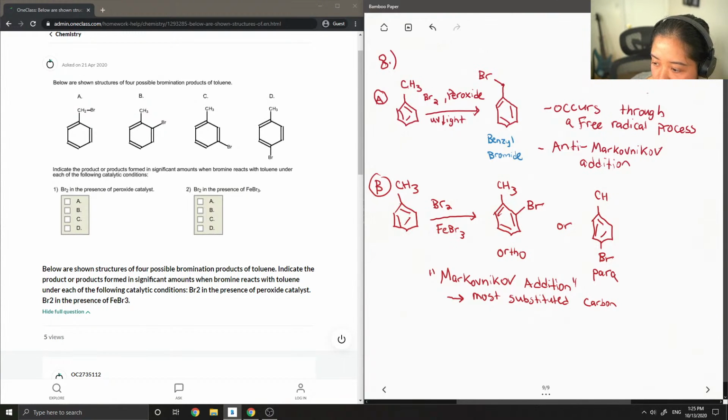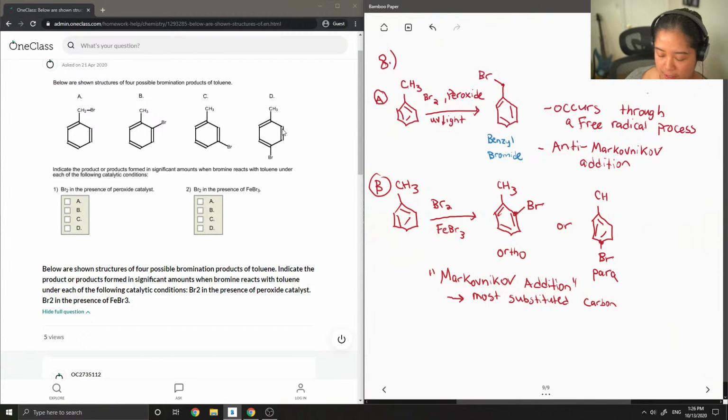So in this case, it was this carbon and this carbon that are more substituted than this carbon that only has the 3 hydrogens. So let's look and confirm our answer.